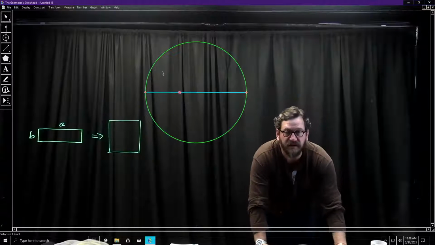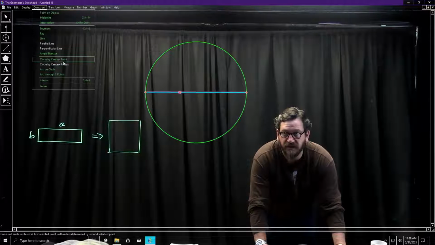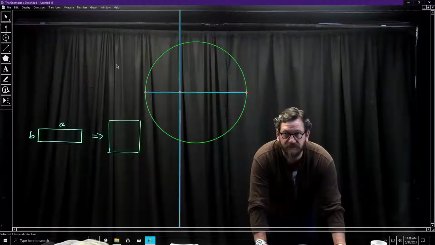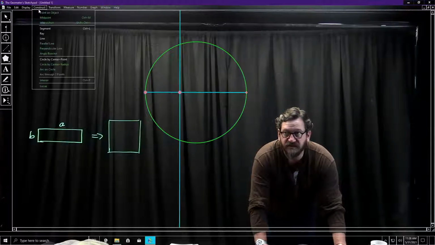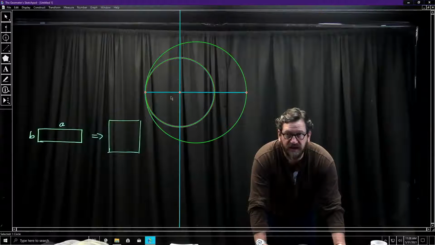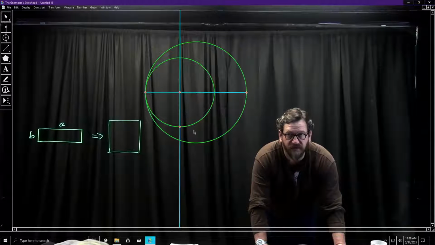Another way of looking at this is, let's look at the rectangle. I'm going to create, by construction, a perpendicular. Now I'm going to take a circle and swing it down. When I say swing down, I'm swinging this length here down to right there, because I know all the radii of a circle are exactly the same length.